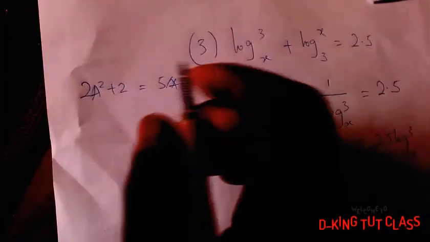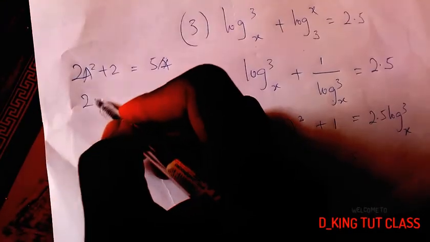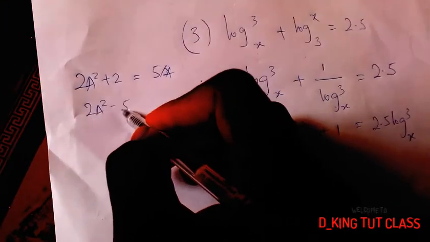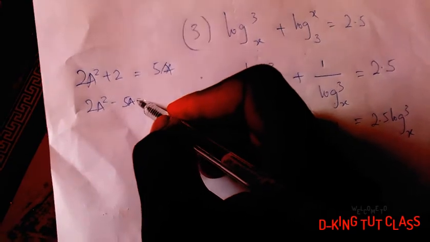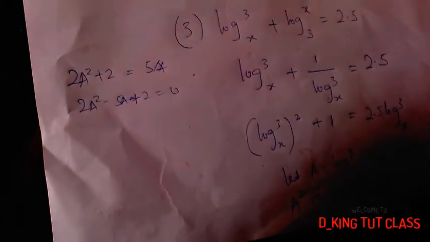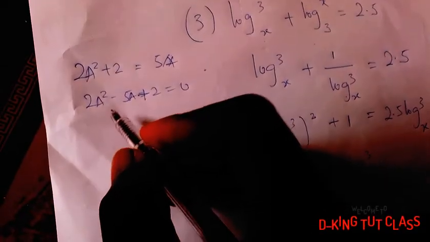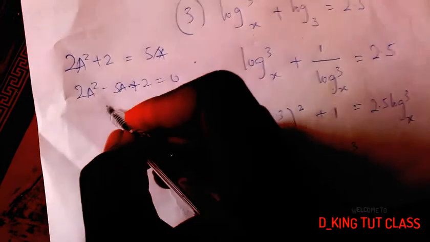Now from there, that becomes 2a squared minus 5a plus 2 equals 0. Looking at this, how will I solve it? I would apply factorization by finding what factors multiply to get plus 4 and add to get minus 5.